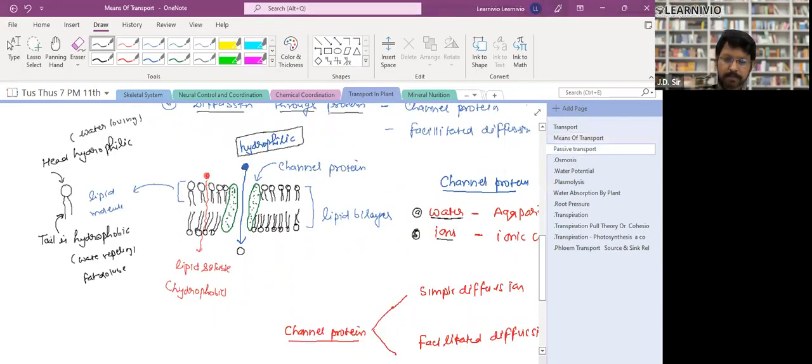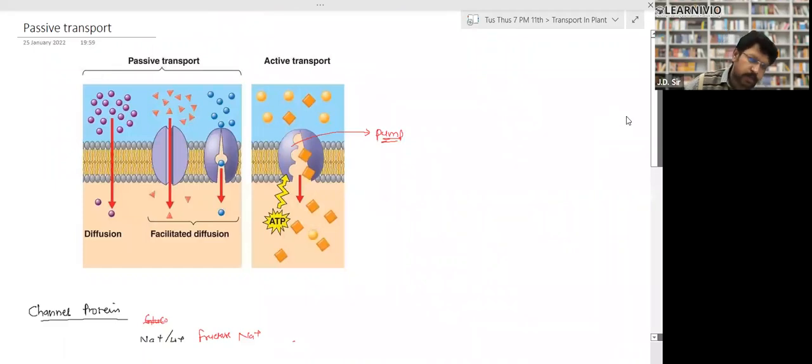Now come to passive transport and active transport. Look, in passive transport, I have already told you, this is the well explained diagram. Fat soluble substances come through the lipid bilayer with the help of diffusion, and it is a passive transport.